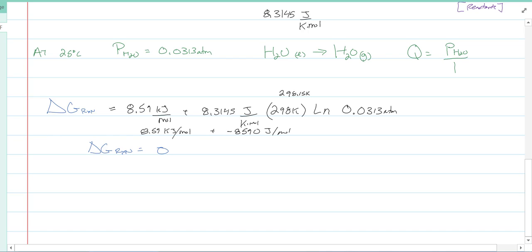So technically speaking, you get about 0 for delta G here. The point of this is that when delta G is 0, we are at equilibrium.